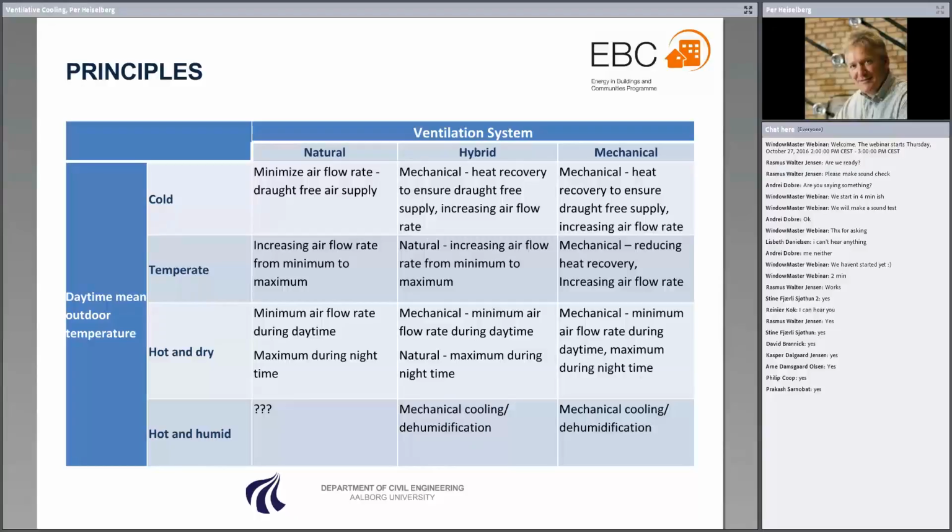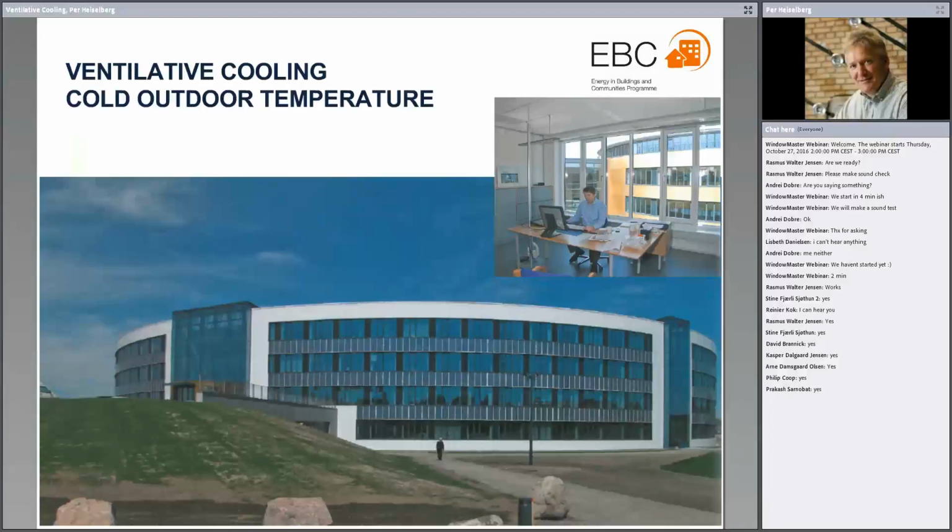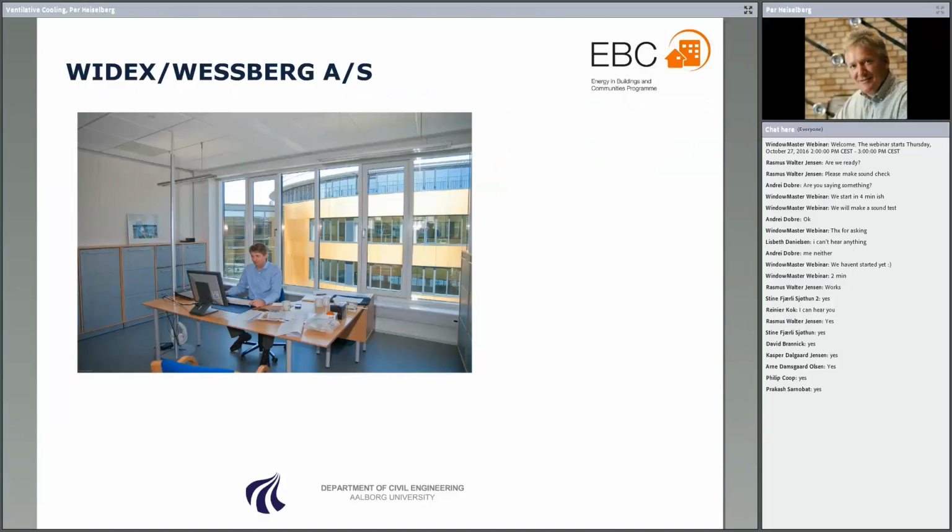And I will start with looking at a situation where we have cold outdoor conditions and we use mechanical ventilation to provide the cooling. This is an example of an office building where we have a special system to supply the air.